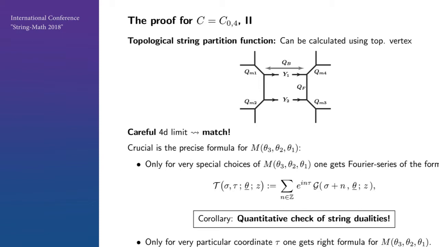It takes a moment of reflection to see that there's only very special sorts of changes of M that could be reabsorbed into a redefinition of tau such that this form is preserved. There's very few options in which it takes this form, and the fact that the topological vertex calculation gives exactly the right coefficients for this to happen, I would call a non-trivial check of the dualities, because it was comparing independently calculated objects, and it comes out in the right way.